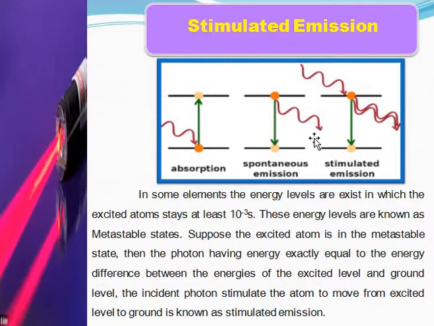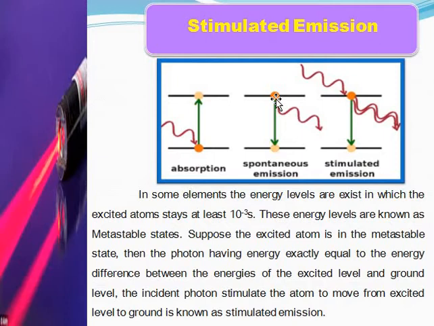The incident photon stimulating the atom to move from the excited level to the ground level is known as stimulated emission. Here the atom is already in the excited state by the absorption of some incident energy, and then it stays there for a lifetime of 10 raised to minus 3 seconds in the higher energy level, that is known as the metastable state.